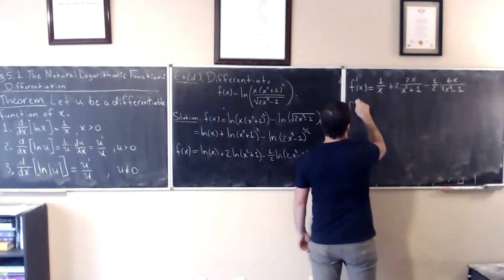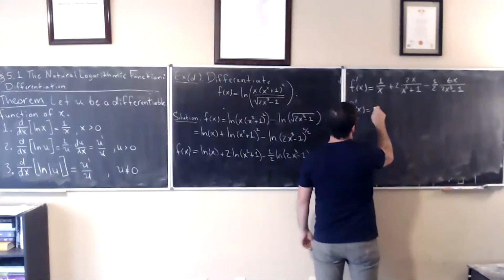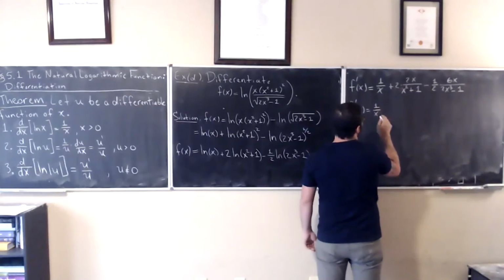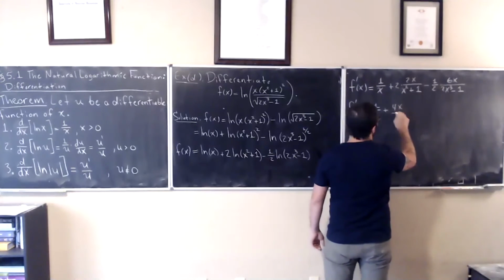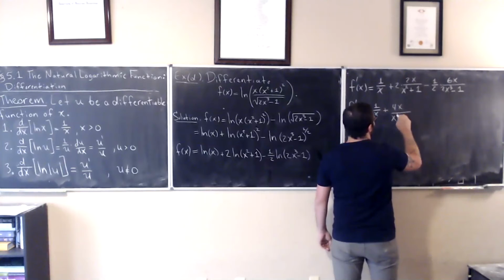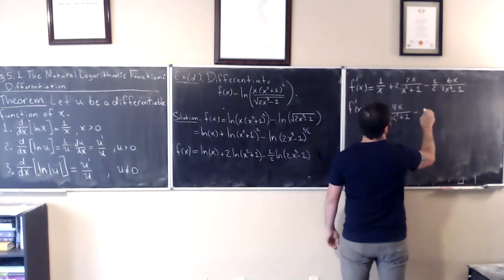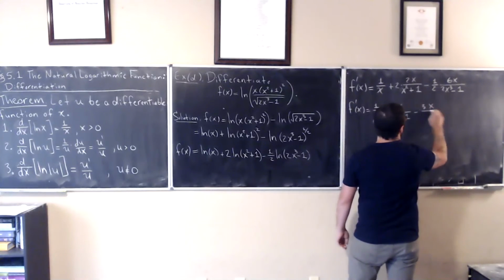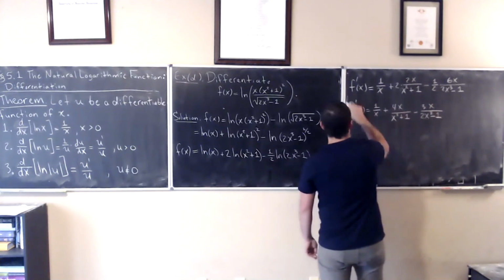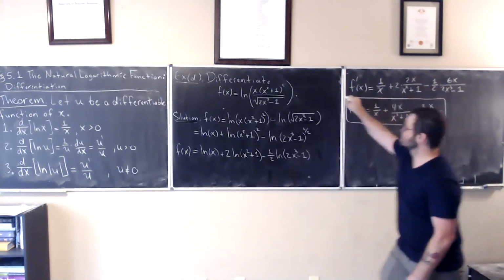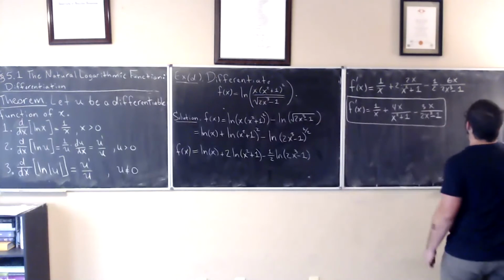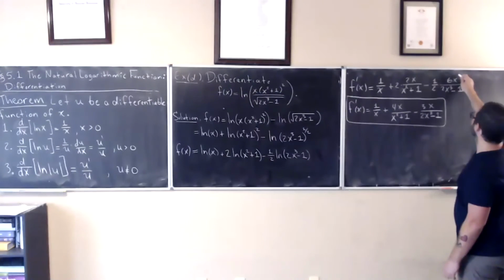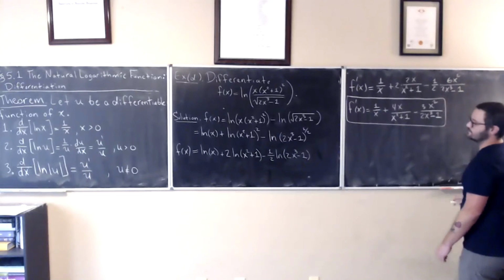So then all together, we have 1 over x plus 4x all over x squared plus 1 minus 3x over 2x cubed minus 1. Would that last one be x squared on the numerator? It would be. Thank you for catching that.